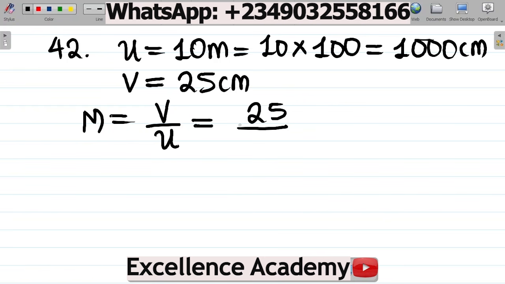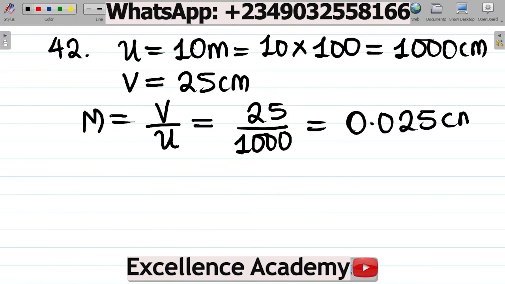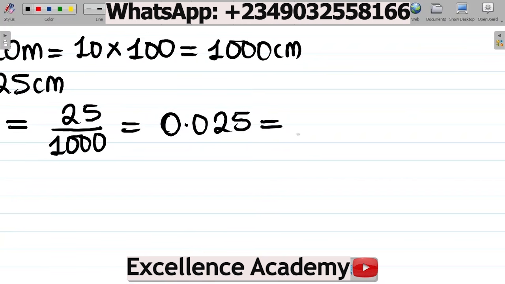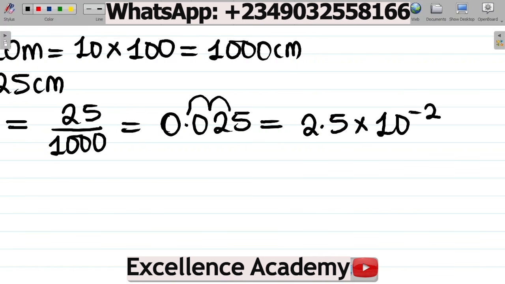Now use centimeter values here. It becomes 25 over 1000, and if you punch 25 over 1000, your value is simply 0.025. Magnification does not have an SI unit. And that is equal to, writing this in index form, 2.5 times 10 to the power minus 2. No SI units.